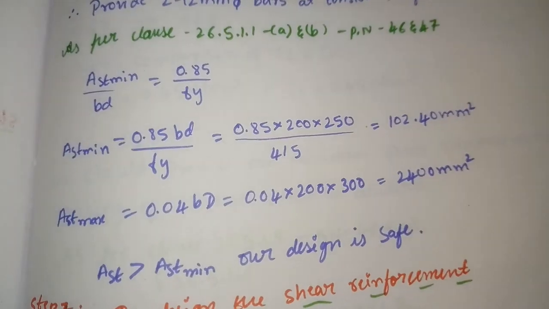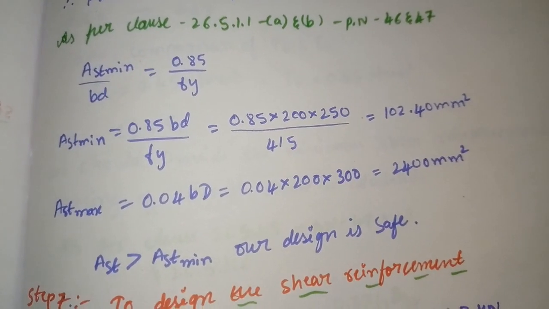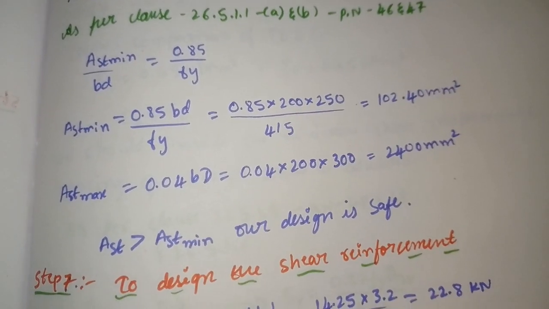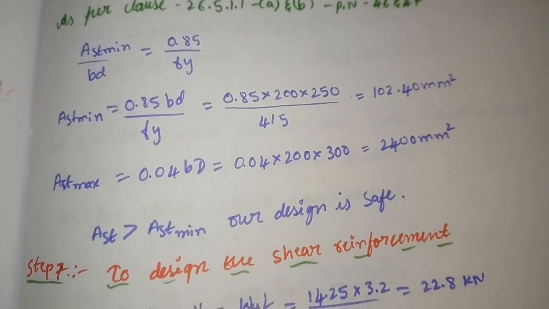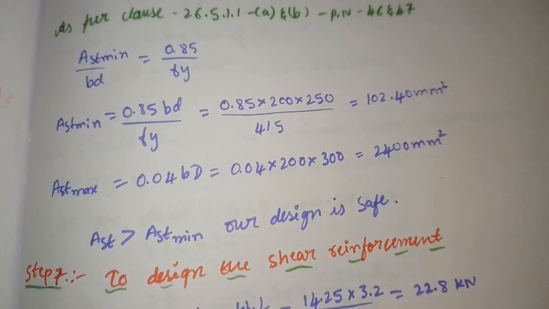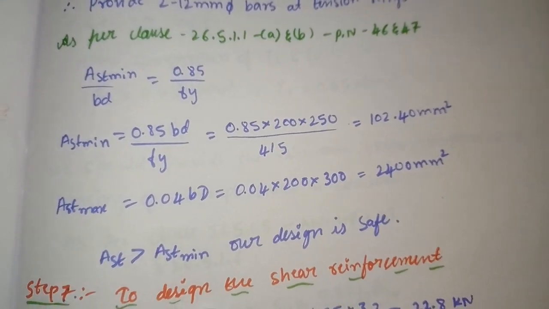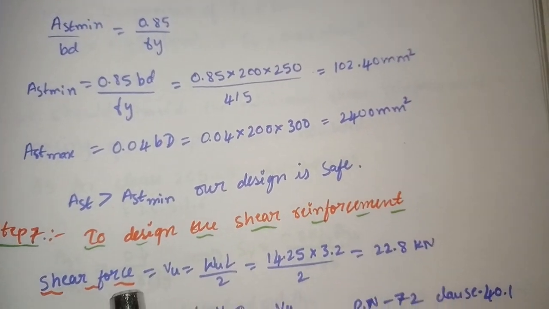So we have satisfied one more codal rule. We'll move next. The next step is to design the shear reinforcement. First is the calculation of the shear force, denoted as VU.